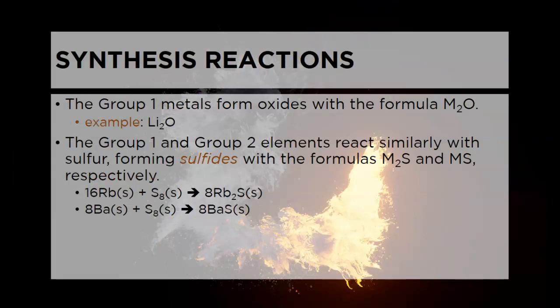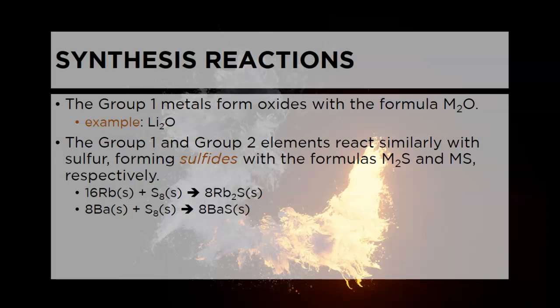On the other hand, group 1 metals will form oxides with the formula M2O, just like H2O. We've got Li2O, anything in group 1, Na2O. This also happens with sulfur, because sulfur, like oxygen, has a -2 charge.